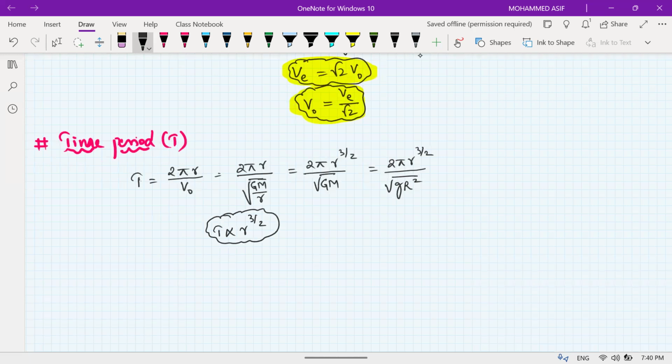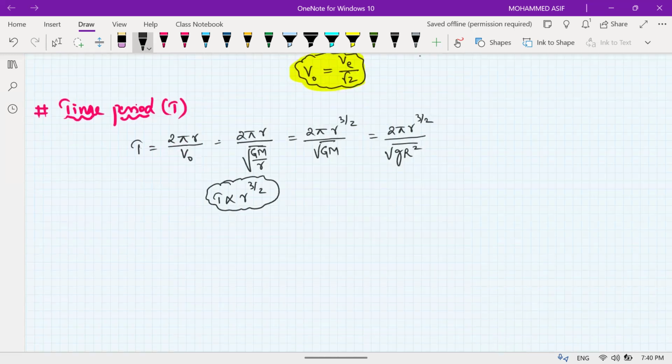Clear? So can I say that time period is independent of the mass of the satellite? Capital T is a very important point to remember: it is independent of the mass of your satellite. Clear?